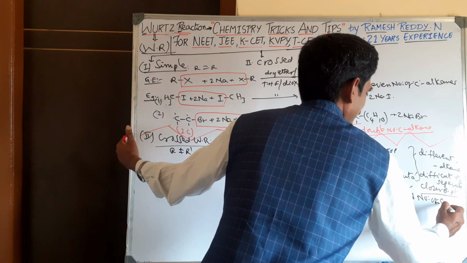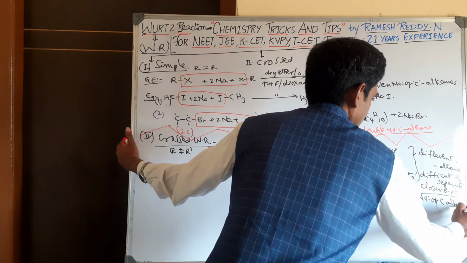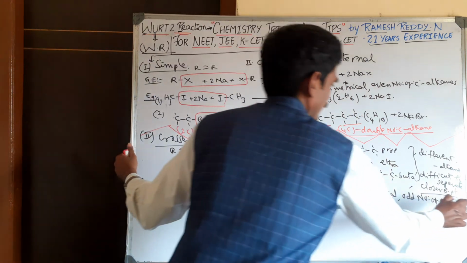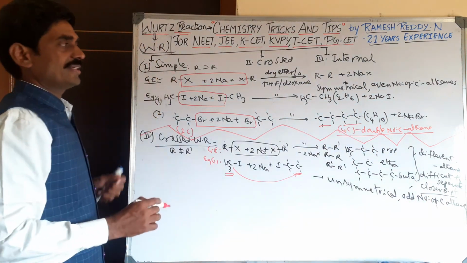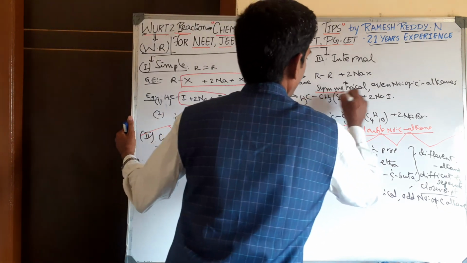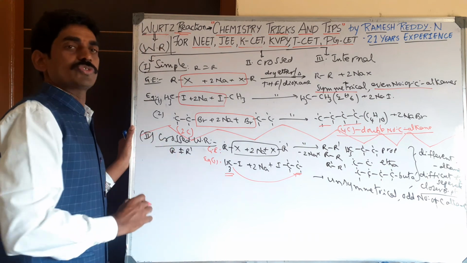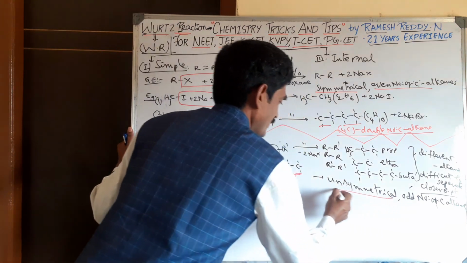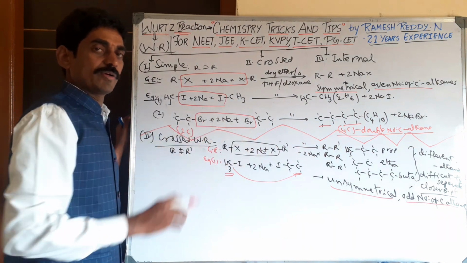That means in a simple Wurtz reaction, we get symmetrical, even-numbered alkanes. In a cross Wurtz reaction, we get unsymmetrical, odd-numbered alkanes. Keep this point in your mind.